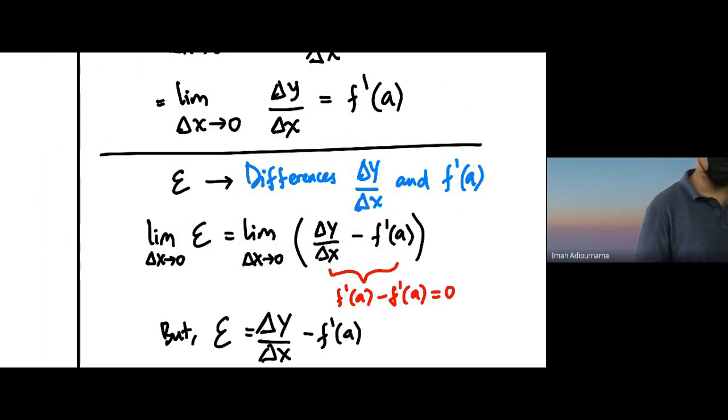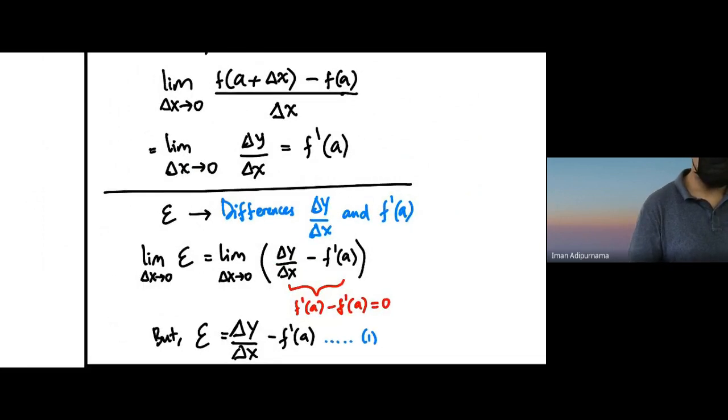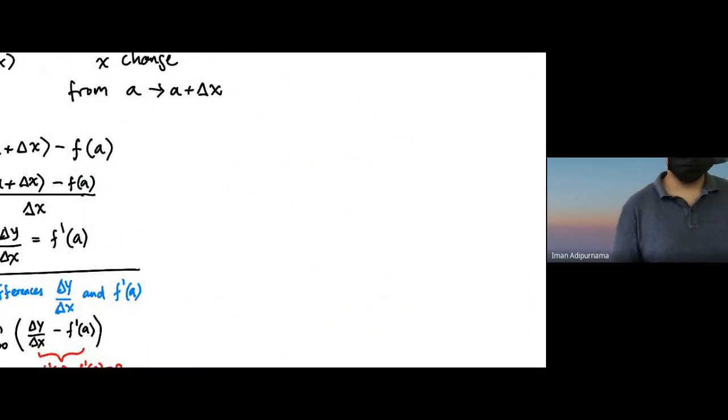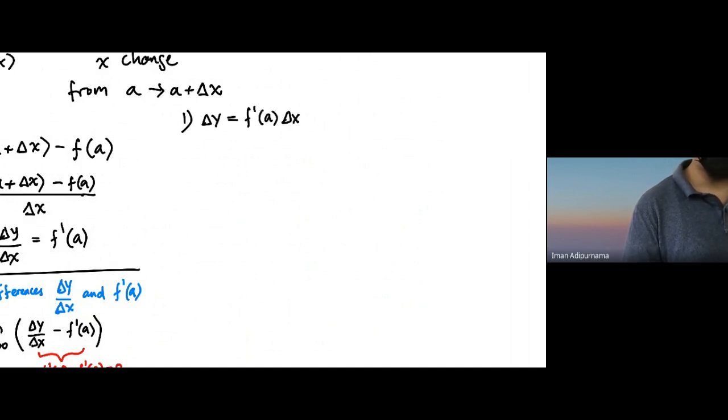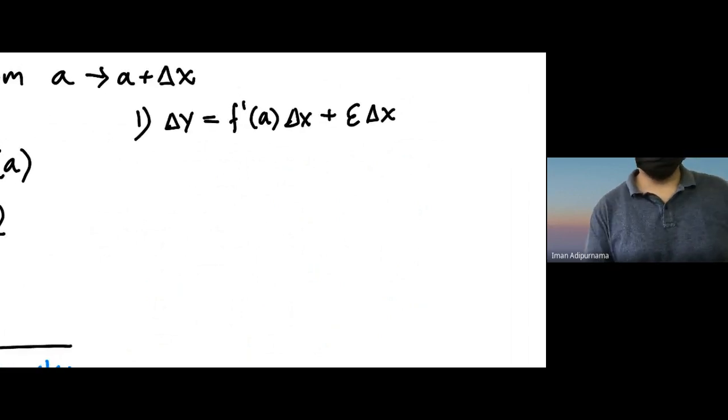Okay. Now to prove the whole thing, let's say this is equation 1. Let me move here. We know delta y is equal to f prime of a times delta x plus epsilon times delta x, if we simplify and change a little bit.